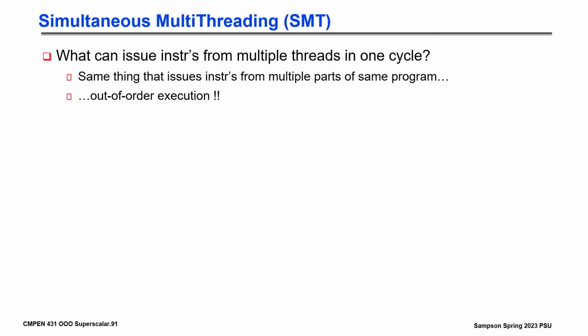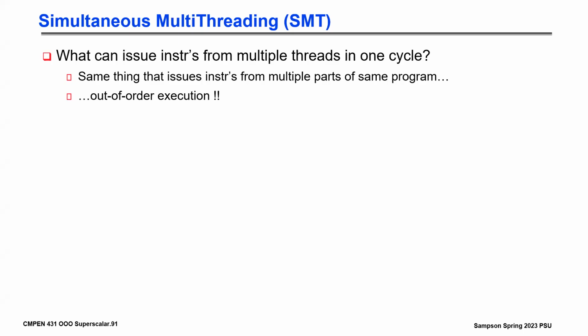In our FGMT setup, we had to keep all of our instructions from different threads separated, because otherwise it wasn't really clear which register T0 you were talking about, and other similar ordering issues. But we already have a mechanism that will allow you to virtualize the resources. So let me ask you the following question.